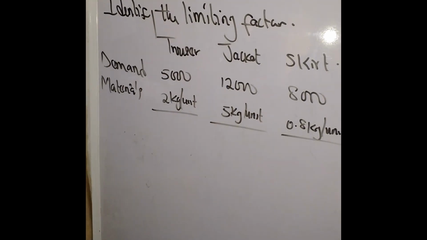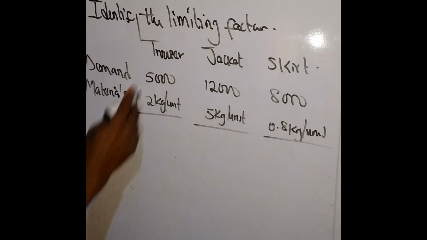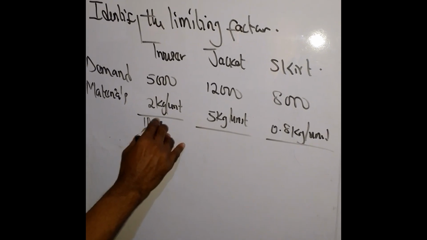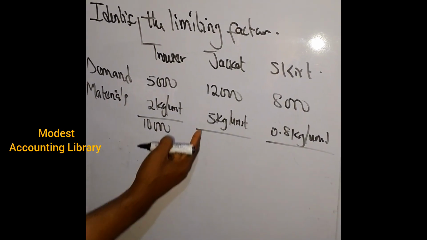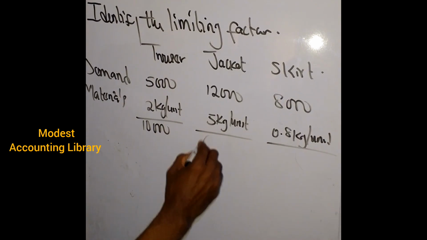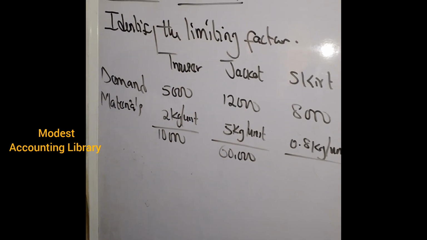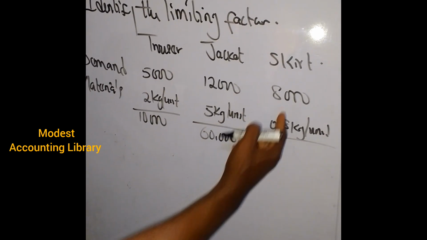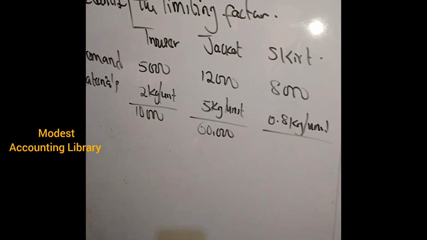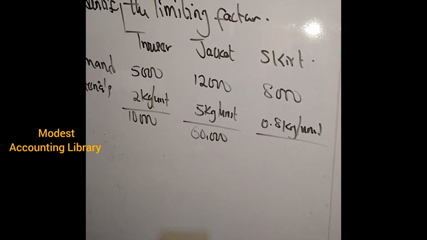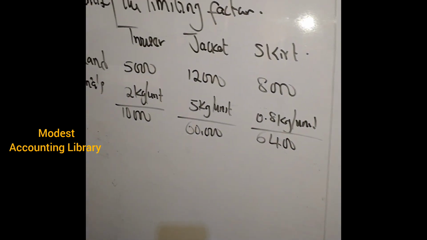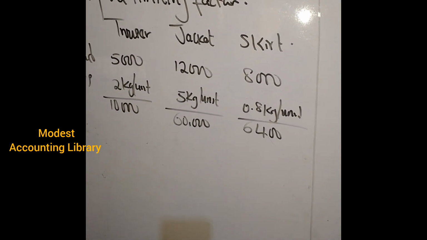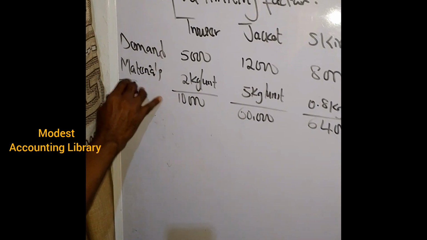Okay, so we are going to multiply the demand, which is the total units, by the material per unit. That is 5,000 times 2 will give me 10,000. 12,000 times 5 kg will give me 60,000. 8,000 times 0.8 gives me 6,400. So after doing this, this is now the total.